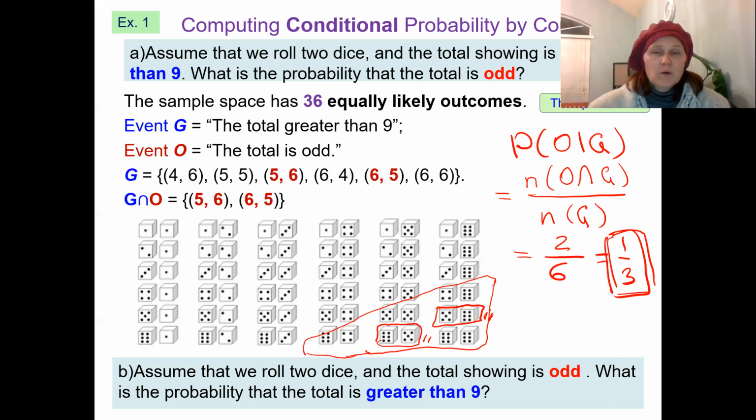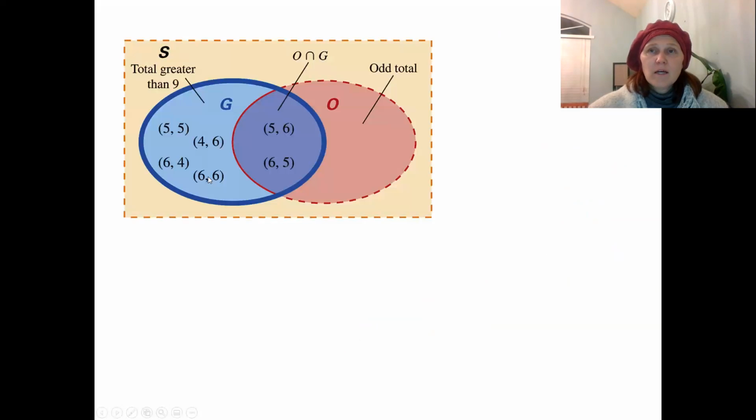So here the outcomes of these two events are listed. We can also show them on a Venn diagram. We represent set G as a circle, including all outcomes or all elements of the set G, greater than 9.